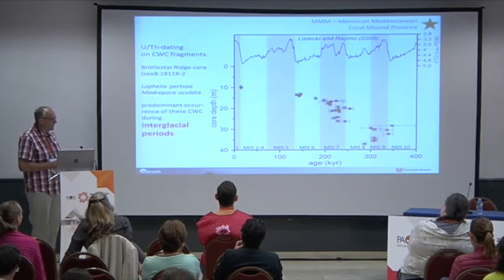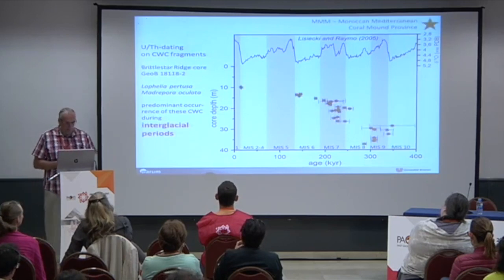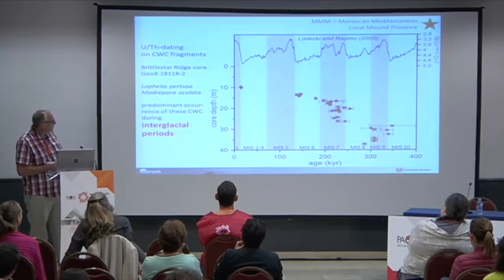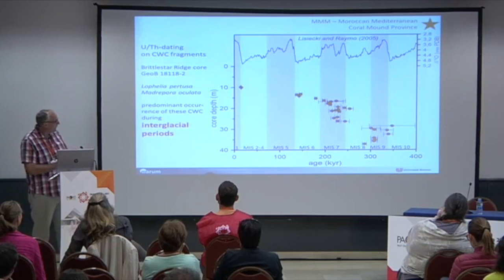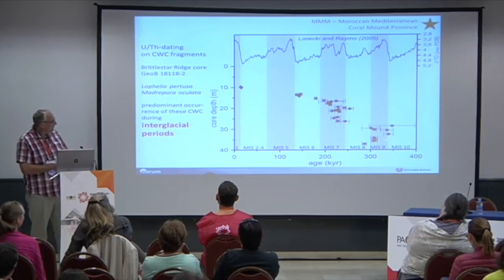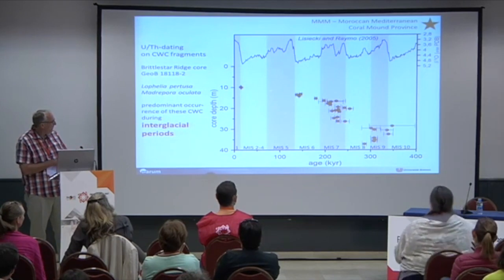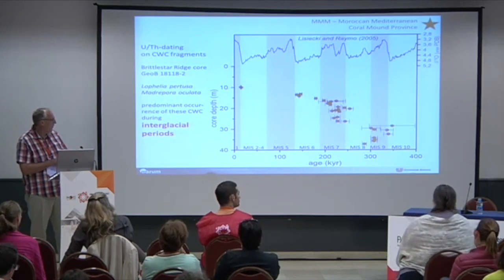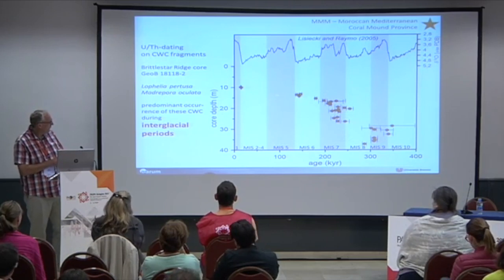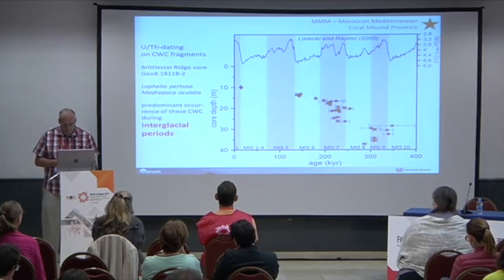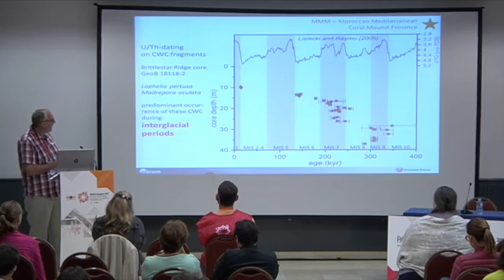Now, when we go to the Mediterranean side, it looks a little bit different. Then we have a predominant occurrence in interglacial periods, and interesting here, in marine isotope stage 9 and stage 7, there are few data, or almost none. You will see in a minute there are one or two data here, but hardly any data in stage 5.